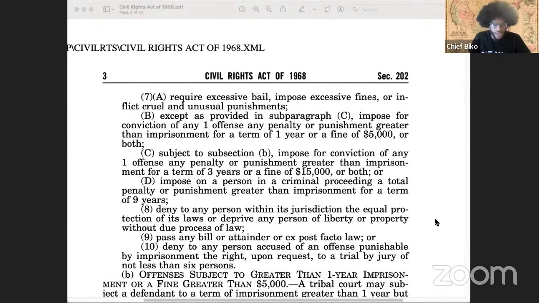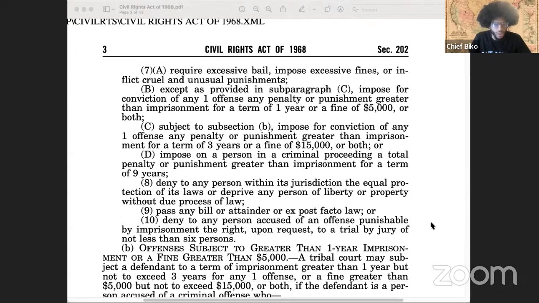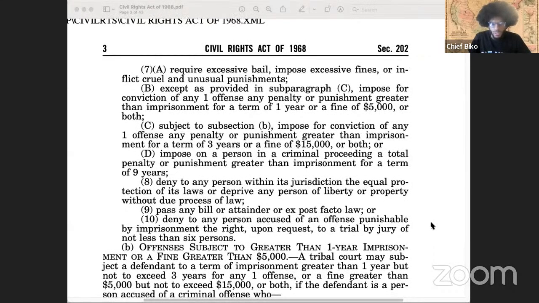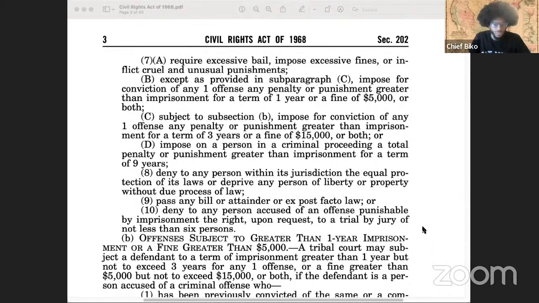8, deny to any person within its jurisdiction the equal protection of its laws or deprive any person of liberty or property without due process of law. Number 9, pass any bill of attainder or ex post facto law. Or 10, deny to any person accused of an offense punishable by imprisonment the right, upon request, to a trial by jury of not less than 6 persons.